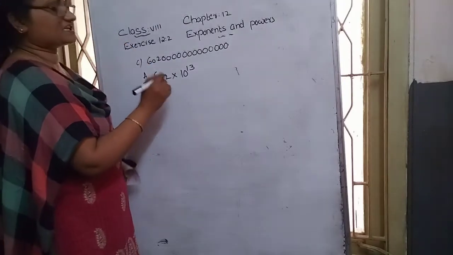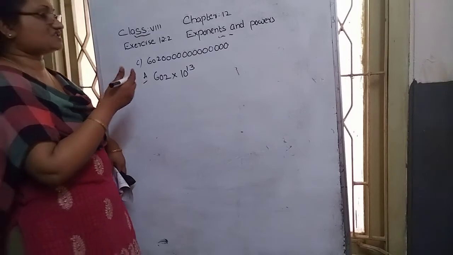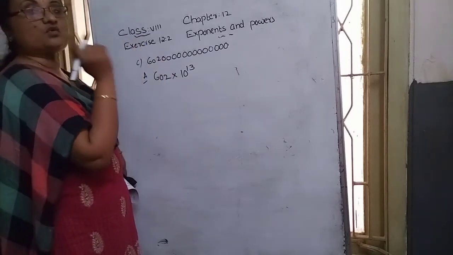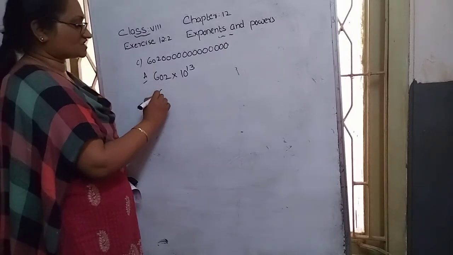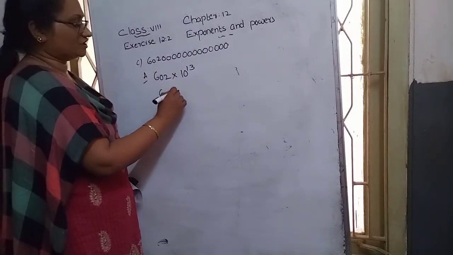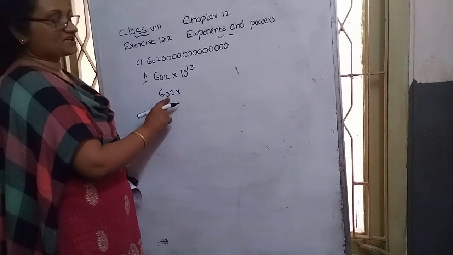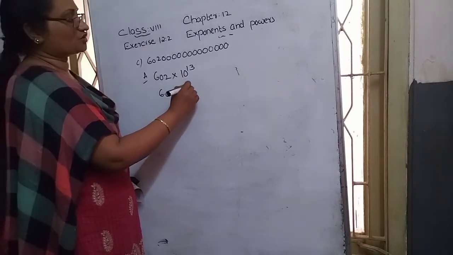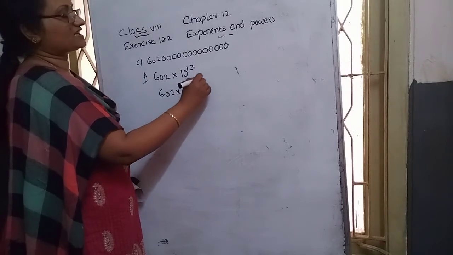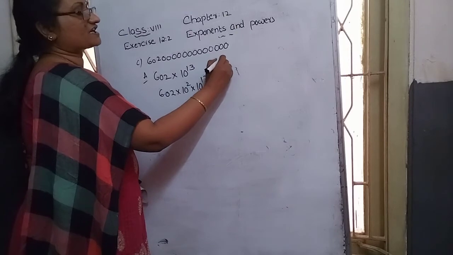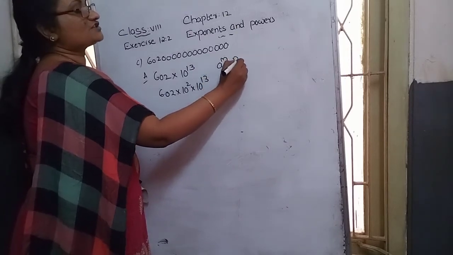Then how to make it standard form is the question. For standard form, from left to right we always take one digit. So 6.02, and after the decimal point there are 2 digits, so 10 power 2, into the 10 power 13 we already have. Which law of exponents applies? Multiplication: a raised to m into a raised to n.